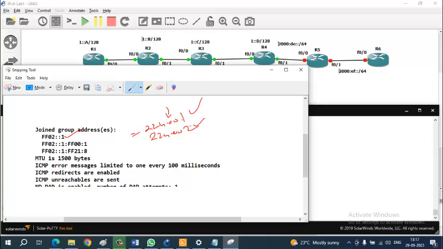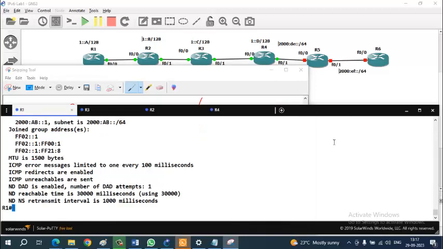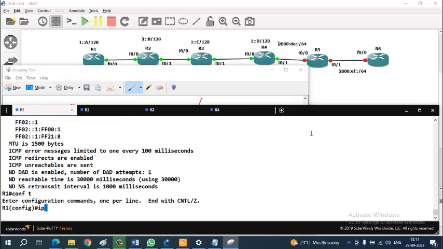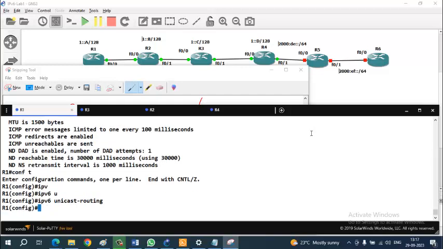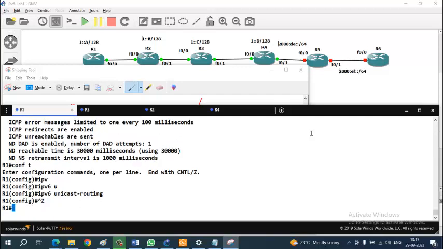But in IPv6, FF02::2 is not enabled. So what we have to do is put this command to enable IPv6 unicast routing. Very important. This enables IPv6 routing. Now, after giving this command, let me take you back. Now you will find the difference.